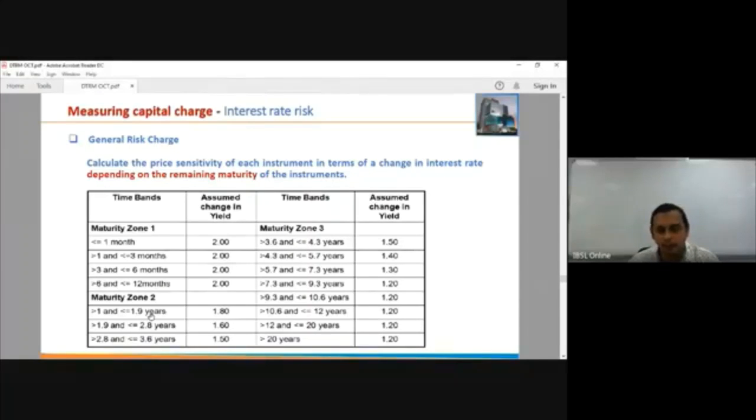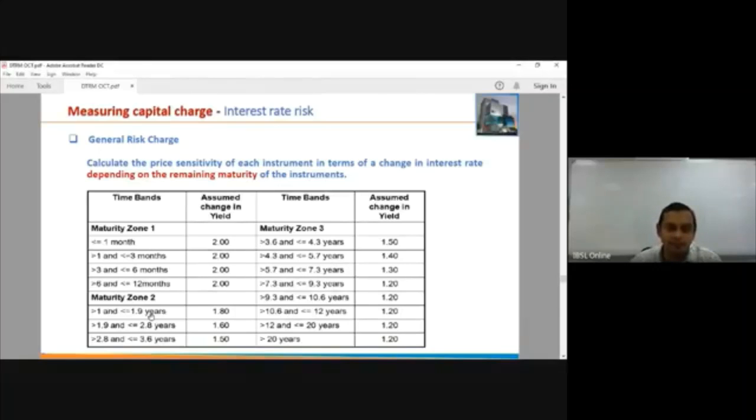Okay. Now we'll take an example. The face value of the treasury bill is 100 rupees, and the interest rate or the yield rate is, say, 10%.